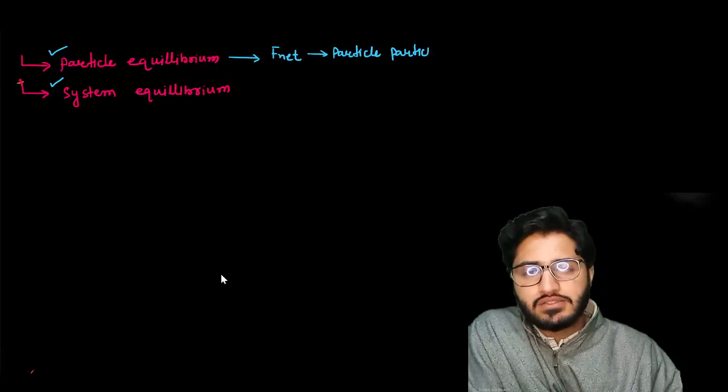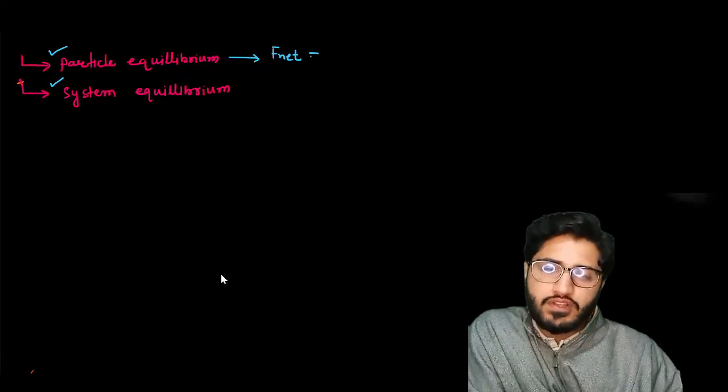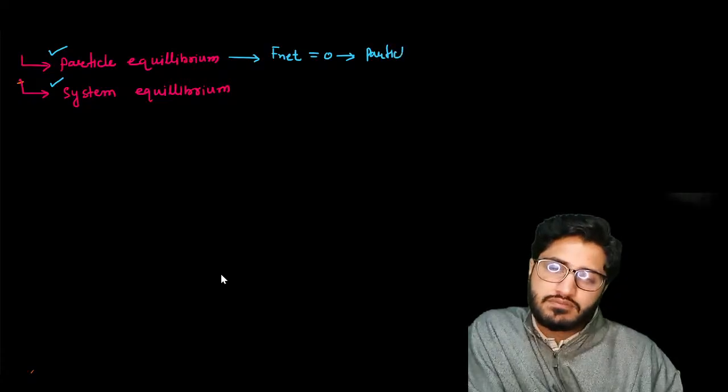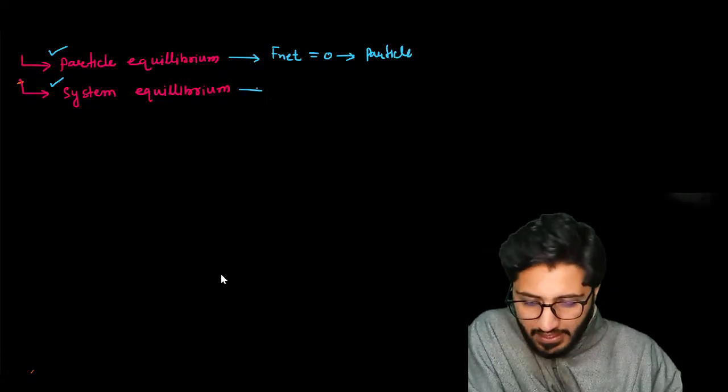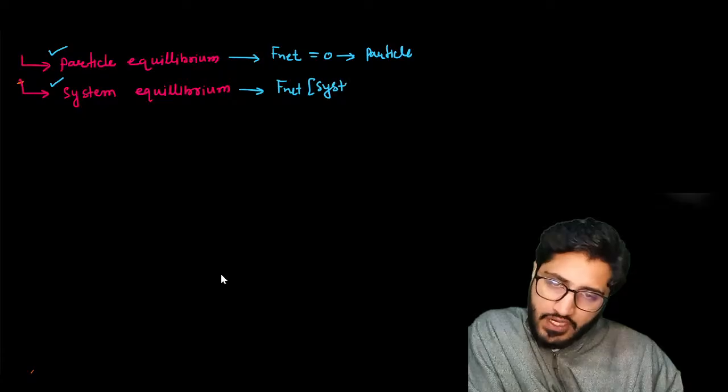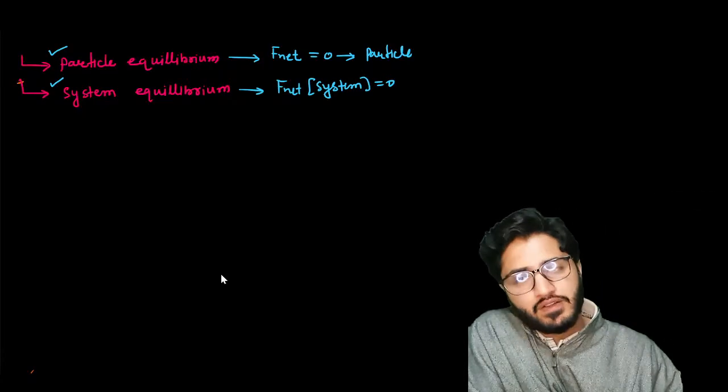My F net would be zero for a particle. For the system, the force net on the system would be zero. How to find it now? In this problem, you need to find the distance of equilibrium.